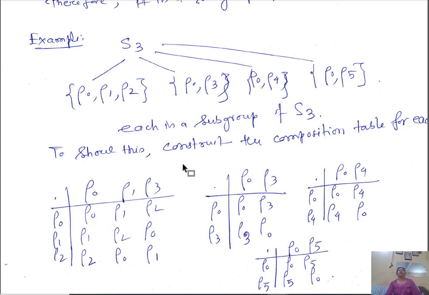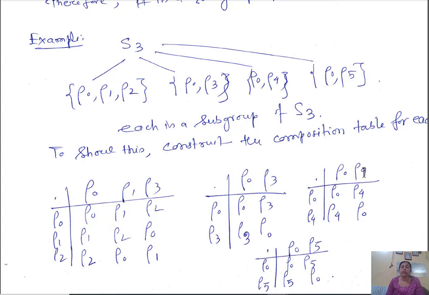In order to show that a subset of a group forms a subgroup, if it is a finite set, then we have already proved that only showing the closure property is sufficient. That means you just construct the composition table and show that all the elements you get in the composition table are actual elements of this set.